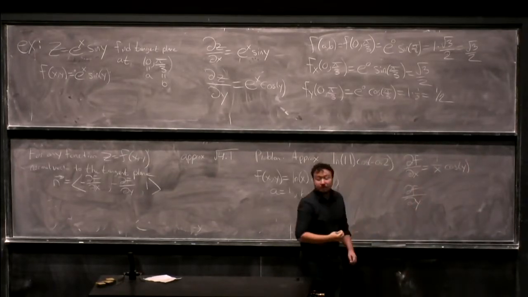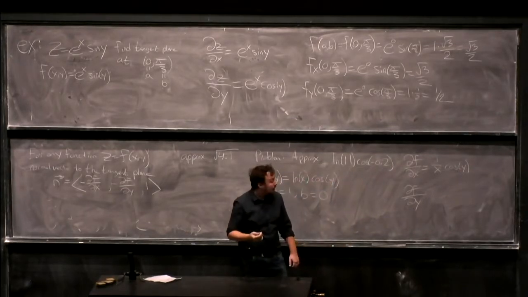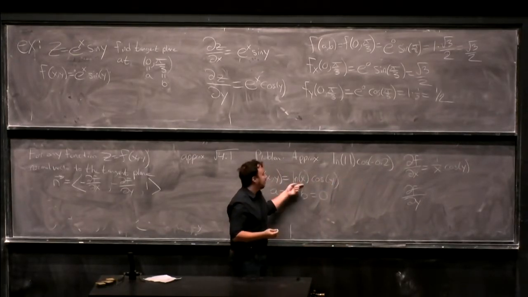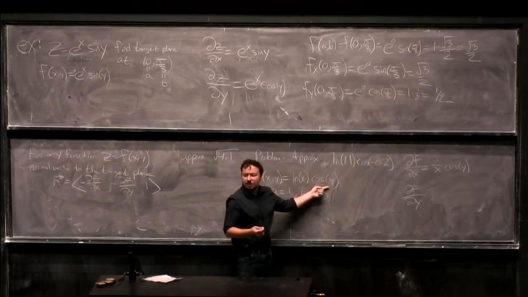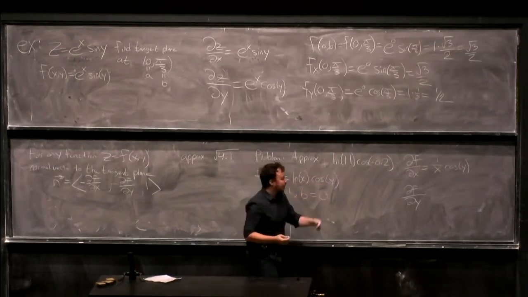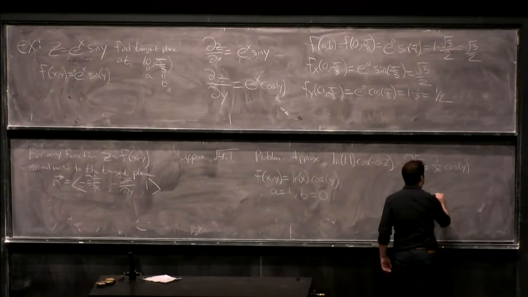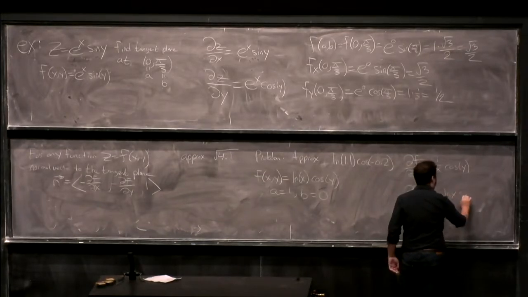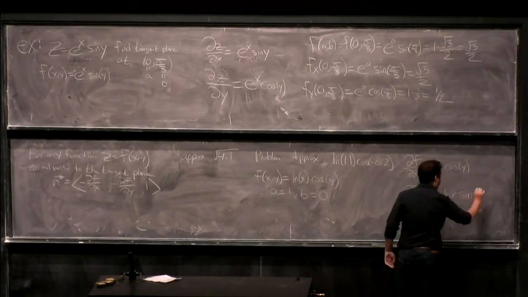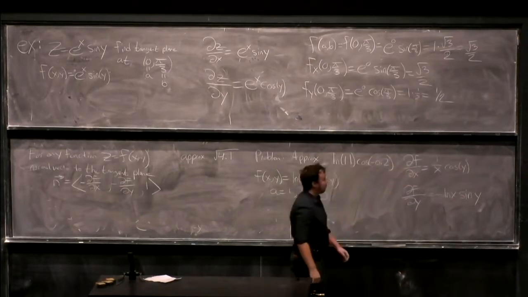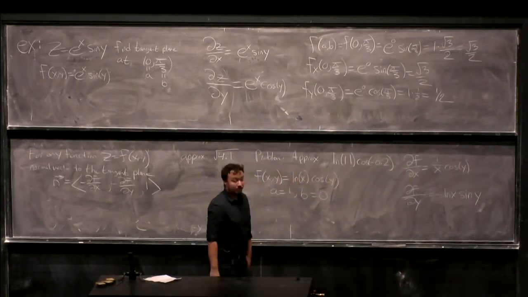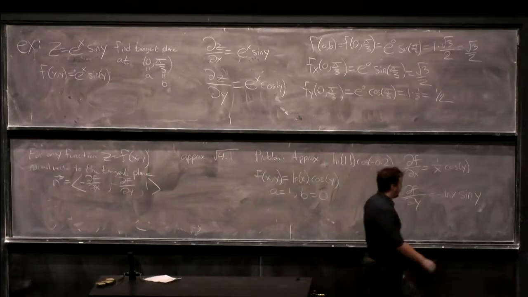And then if we're doing partial f, partial y, we leave the ln of x alone and take the derivative of cosine of y. So we have negative ln of x sine of y. So those are our two partial derivatives there.